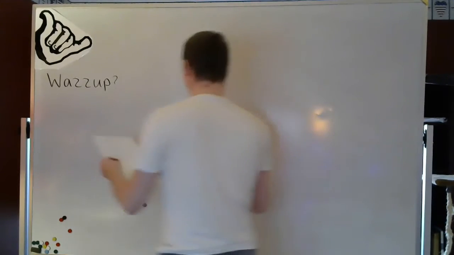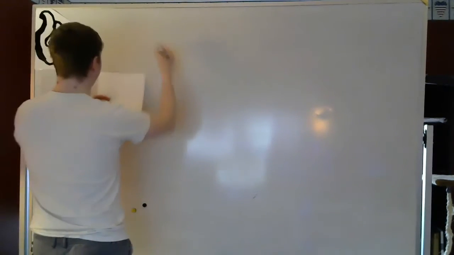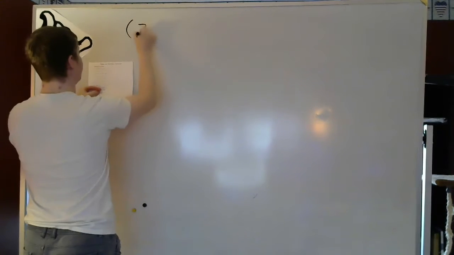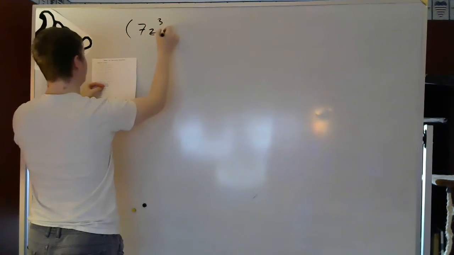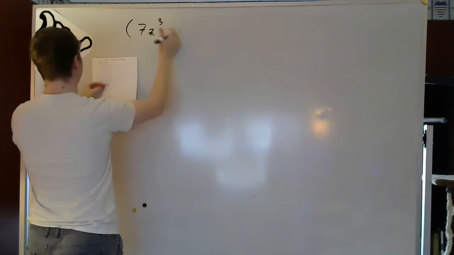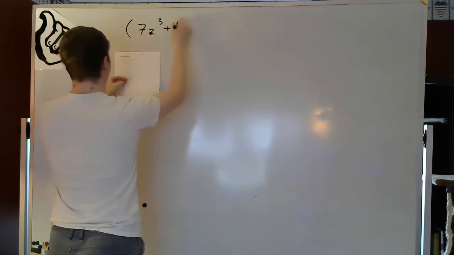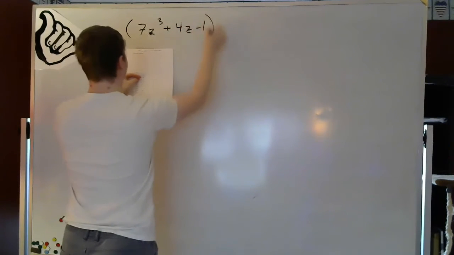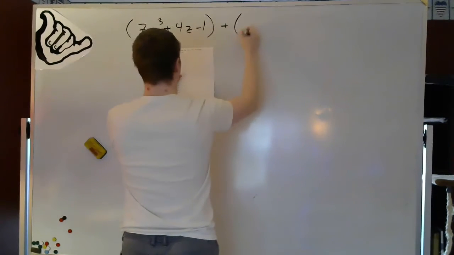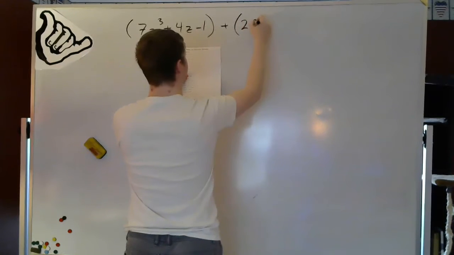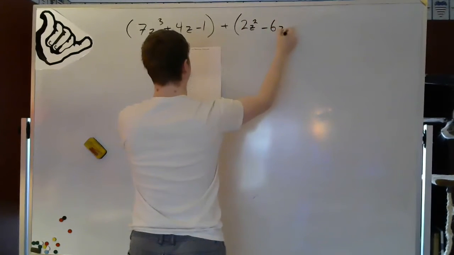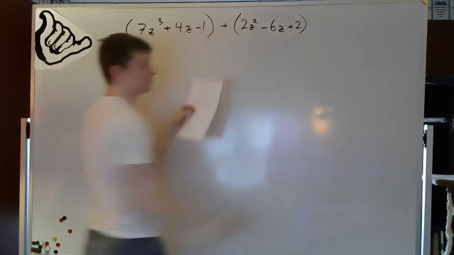Number 4 is 7z cubed plus 4z minus 1 plus, and then the quantity 2z squared minus 6z plus 2.